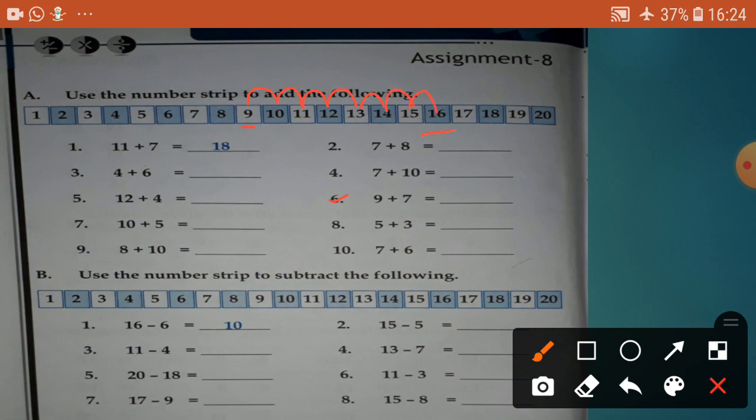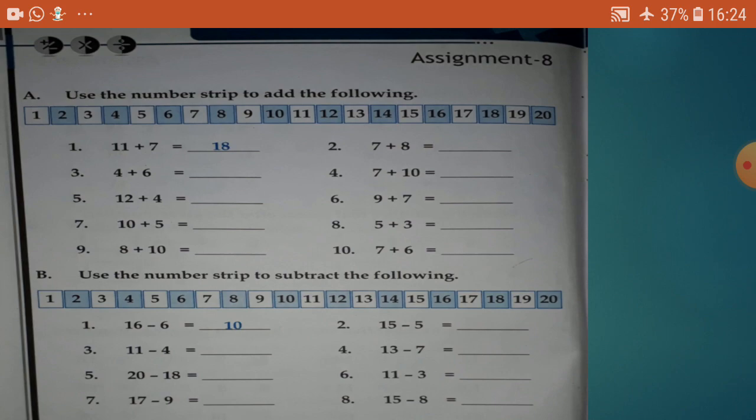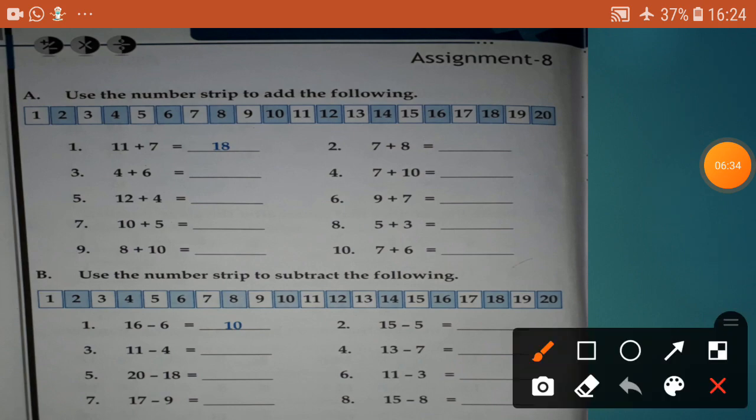So your answer is 16. 9 plus 7, answer is 16. So I hope everyone understood. Next, children, for numbers 7, 8, 9, 10 of A, do it on your own. Okay, practice. Now children, B.